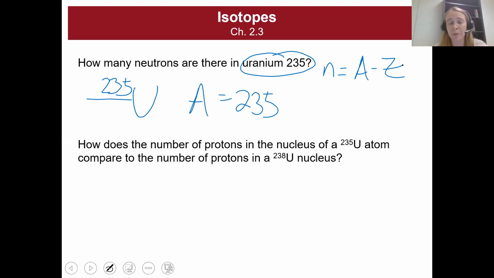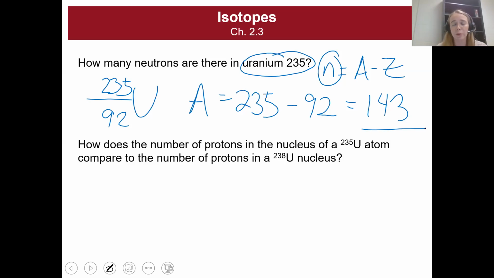So you have to go to your periodic table to look up the atomic number of uranium. And I did, and it is 92. You'll find uranium pretty much in the middle, all the way at the bottom of the periodic table. So 235 minus 92 will give us our number of neutrons, and that is 143. So uranium-235 has 143 neutrons.